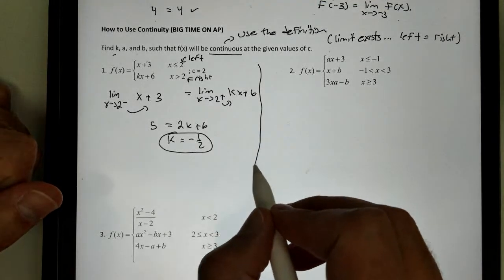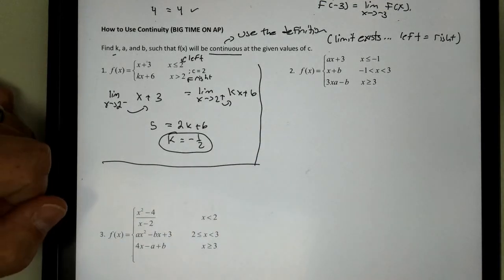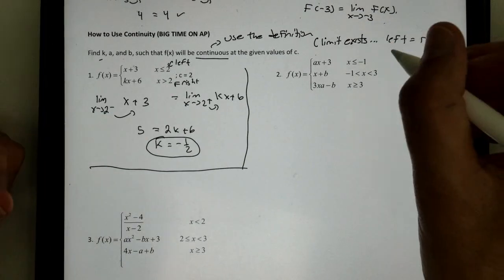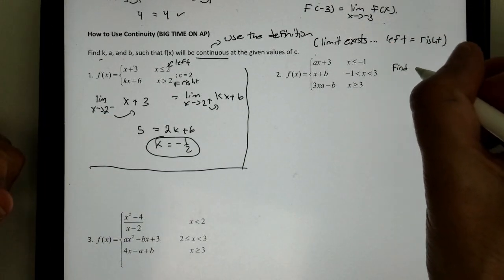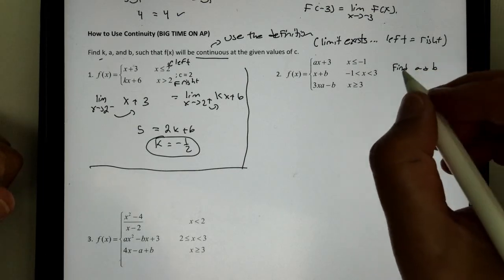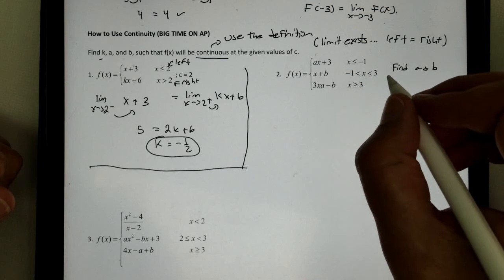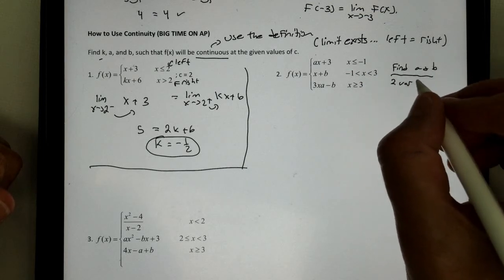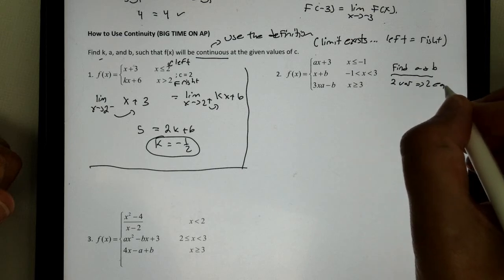All right. Question 2. Question 2 is a little bit different because now we have 2 variables to find. We want to find A and B. And for A and B, we have to use 2 equations, because 2 variables means 2 equations.